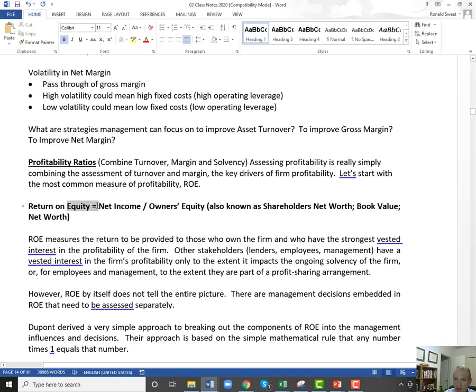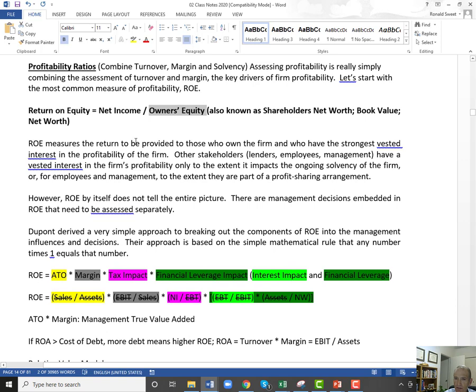Equity is just the ownership part of the firm. Owner's equity, shareholders' equity, book value, net worth, all of those mean the same thing. So we're going to look at how much net income did you make relative to what the investors, the owners, have invested. So return on equity is a measure of return provided to those who own the firm.